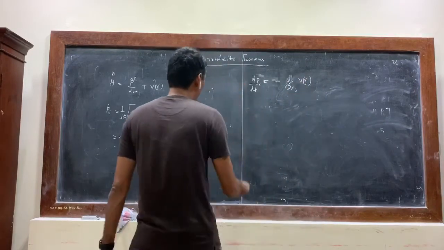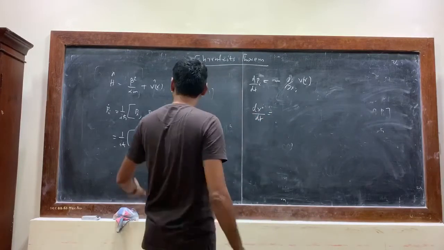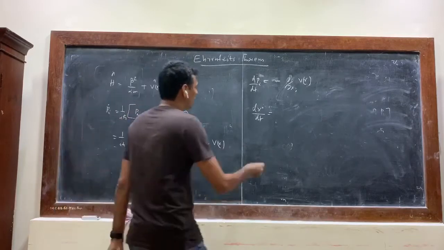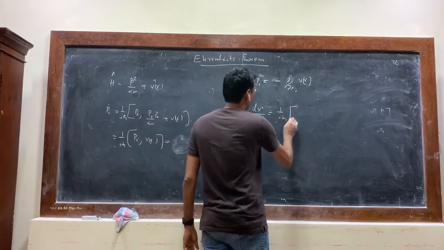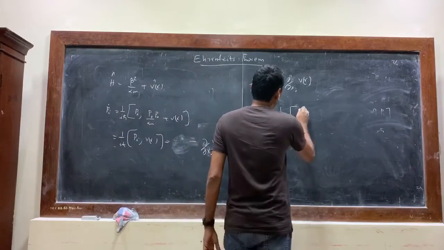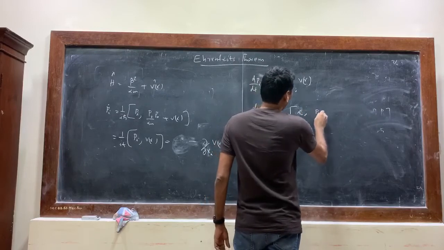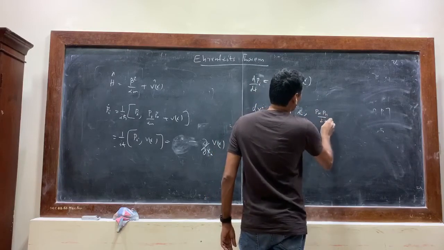Now let's take dx_i by dt. It will be equal to 1 by i h cut times the commutator of x_i with p_k squared by 2m plus V of x.